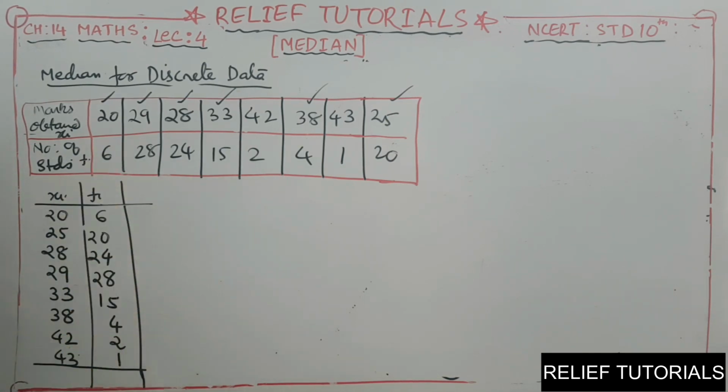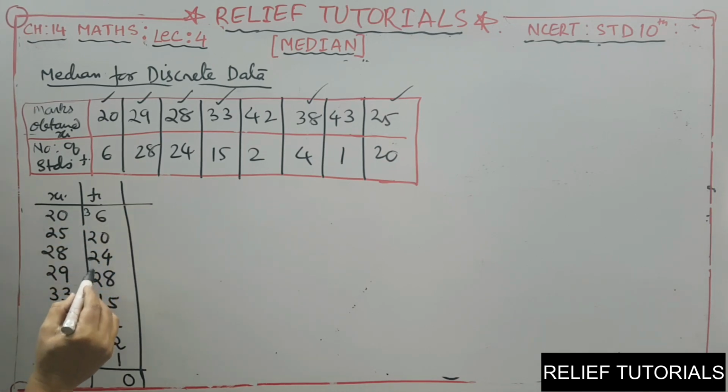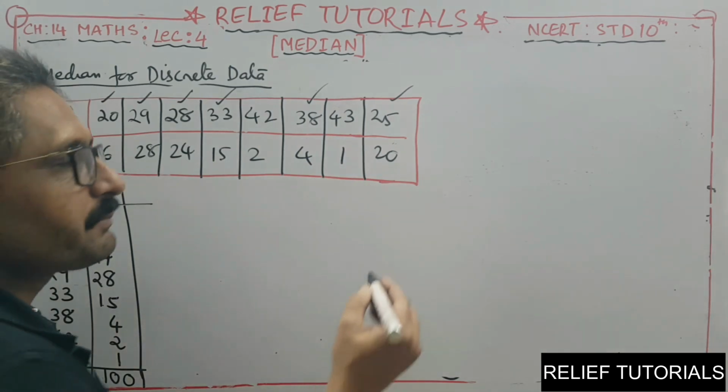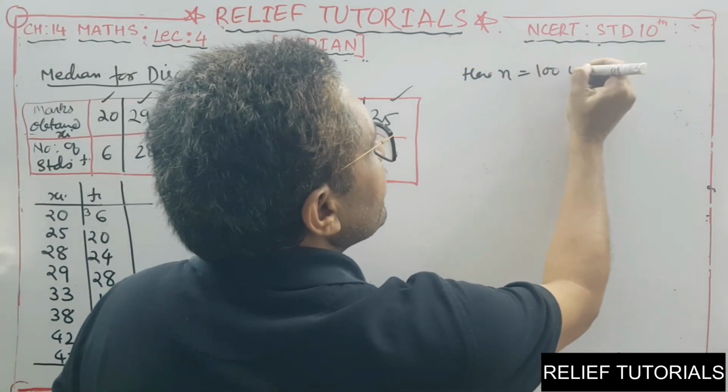Now we will find the number of students. How many students are there? Adding up, there are altogether 100 students. So here we can say n is equal to 100, which is even.